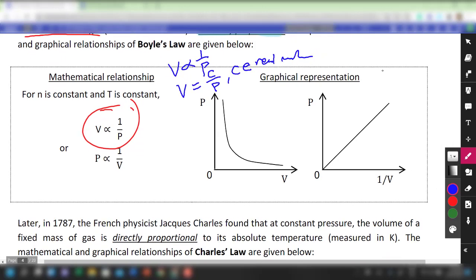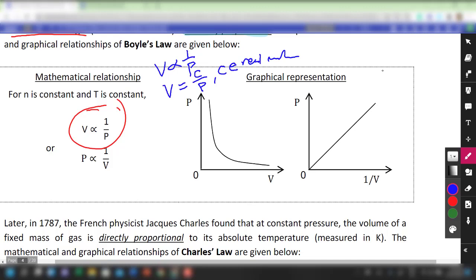For graphical representation, I believe you will have learned them in Sec 2 or Sec 3. How do you plot P against V? For an inverse proportional relationship, if volume approaches infinity, then pressure approaches 0.